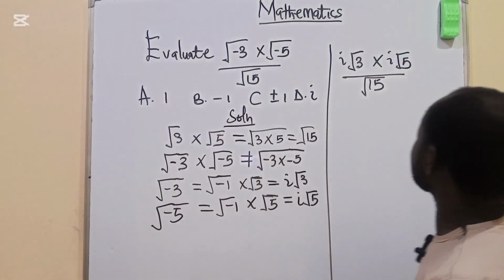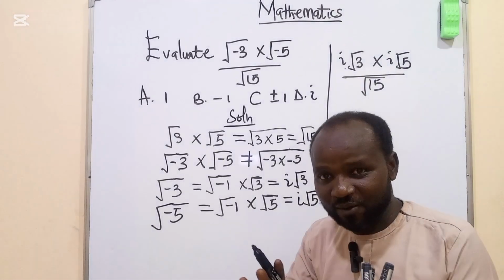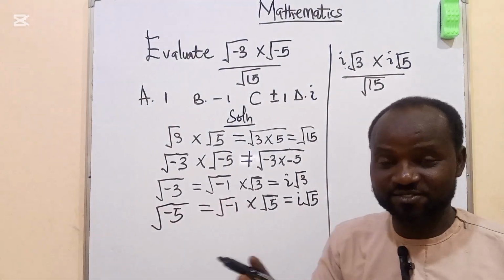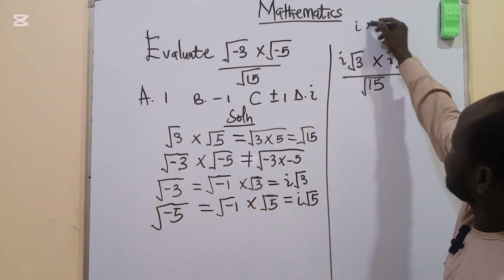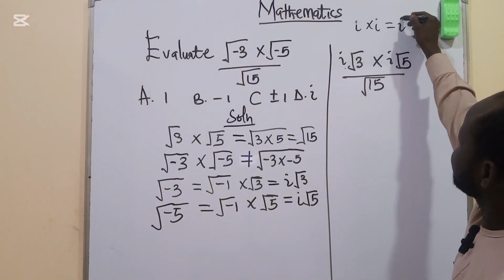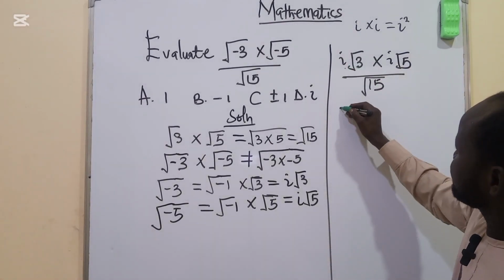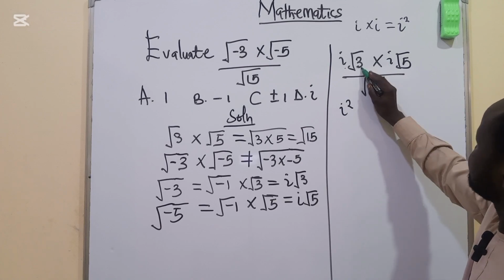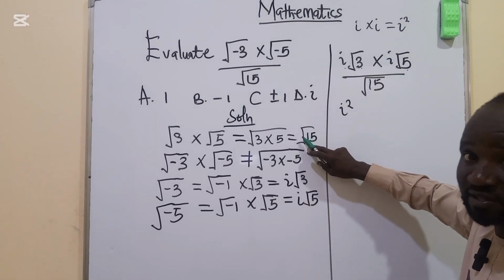Let's continue. i times i, under complex numbers, we have to go to the world of complex numbers now. i times i is nothing but i squared. Then root 5 times root 3 will be root 15. We have established that fact here.